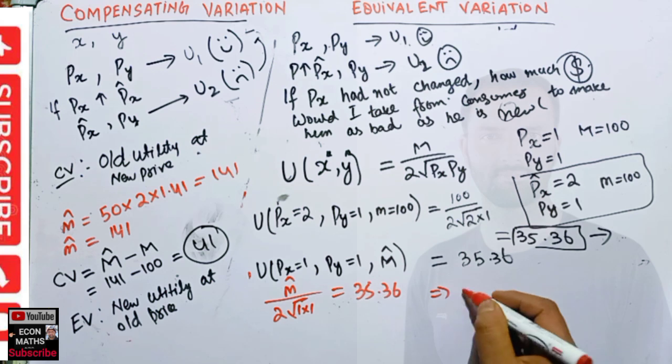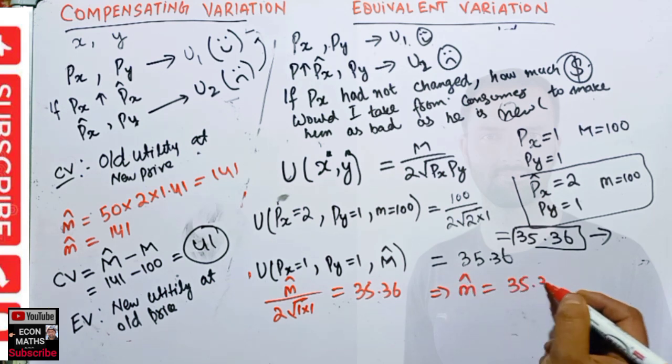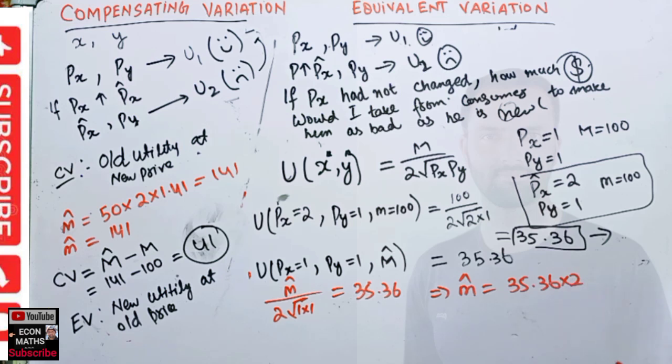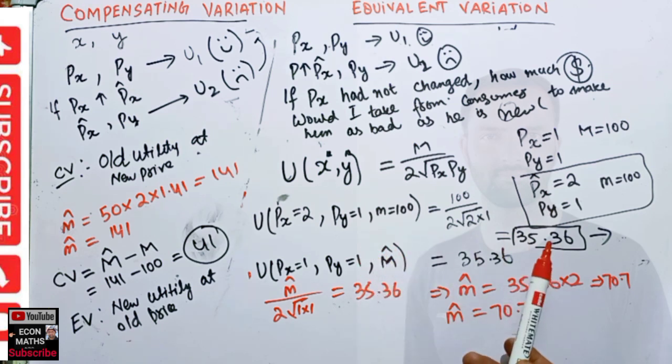When we solve, this will come out to be m hat is equal to 35.36 into 2, which is 70.7. Okay, so m hat is equal to 70.7. We set new utility at old price, and after that we got m hat is equal to 70.7.